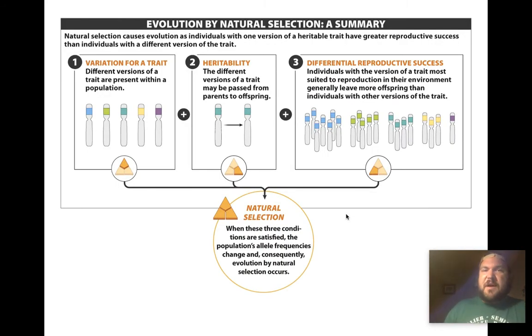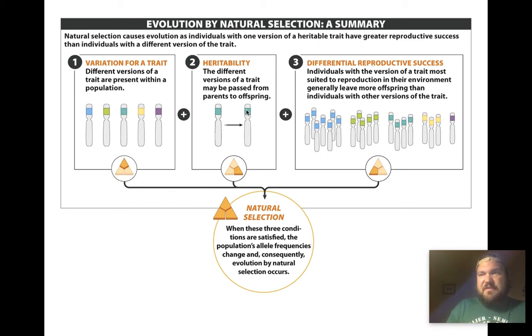So here's a summary, and let's actually look at genes here, or alleles, instead of looking at a trait. Let's examine that there is a trait and it varies. There's several different alleles, and that variation is represented by these colors. So we start off with a lot of variation, and fortunately, that variation is heritable. So one organism can pass that variation to its offspring.